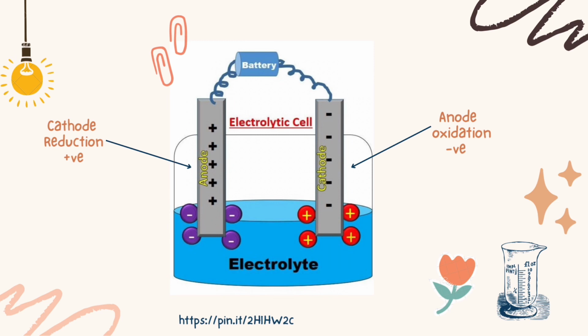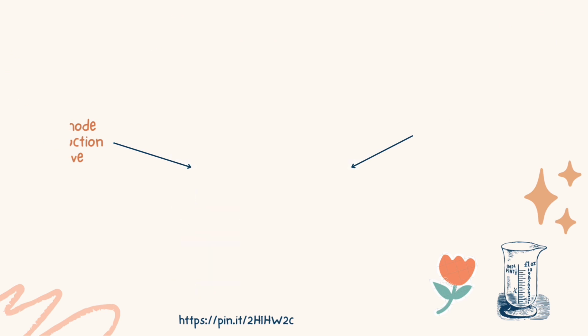Thus, the circuit is complete and our device starts working. Due to the oxidation reaction, an electrode gets negatively charged, which is called an anode, and due to the reduction reaction, the other electrode, the cathode, gets positively charged. Now the cell's chemical energy gets converted into electric energy.